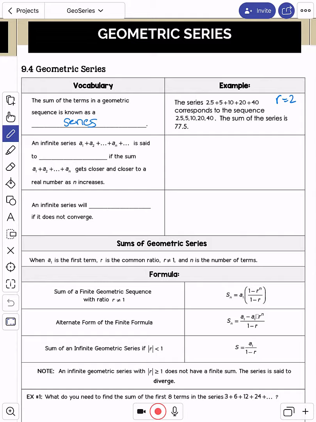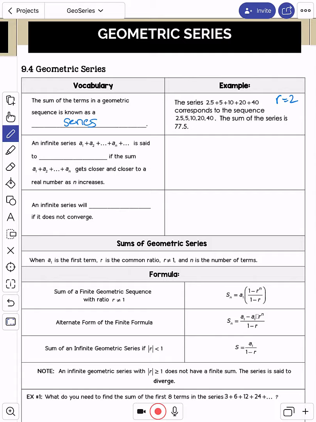All right, so just like in arithmetic, there are both finite and infinite series. And infinite series for geometric series are interesting because you're actually multiplying instead of just adding, although it's actually true for some adding too.